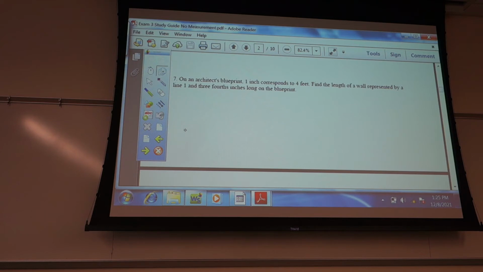Number 7, if you're unclear, 1 inch corresponds to 4 feet on a wall. Is that what I'm understanding? This should be 4 feet on the wall. That's the length on the wall. That's a scale. Length of wall. Yeah. So that's the same thing as feet and length of wall.